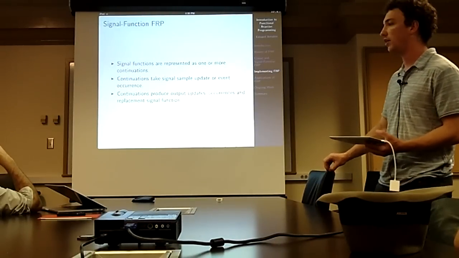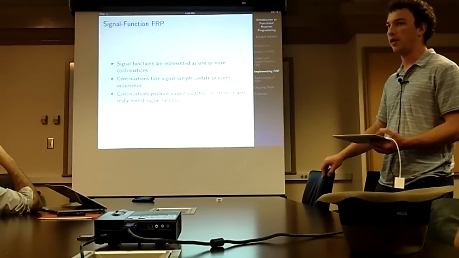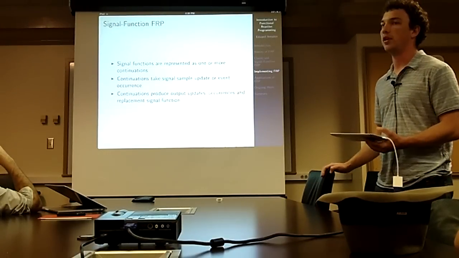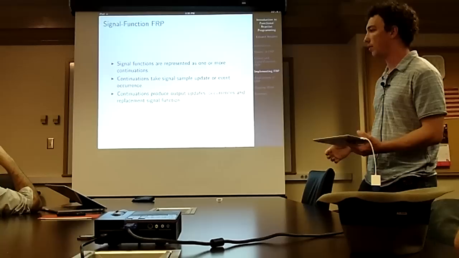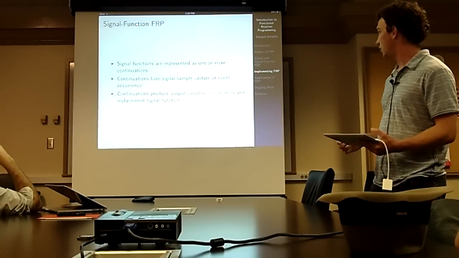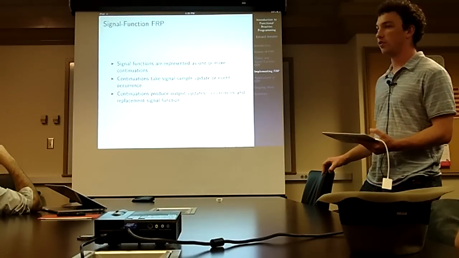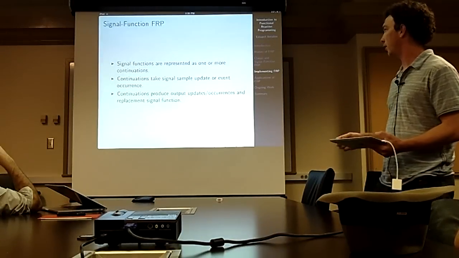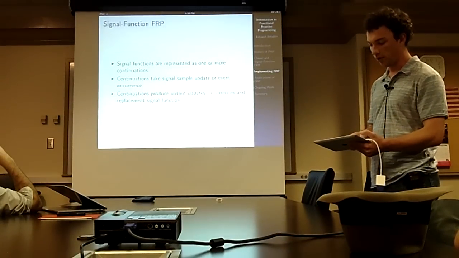And this is how I get that push-based event behavior, where I can evaluate the timed component separately from the sort of immediately responsive event component. These continuations, as I said, produce output updates to the signal or output event occurrences, and they also yield a replacement signal function.